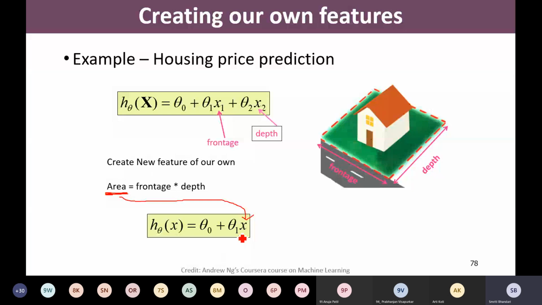In fact, if we get this new feature area, it is possible that we might get a better model to fit our data. Right?